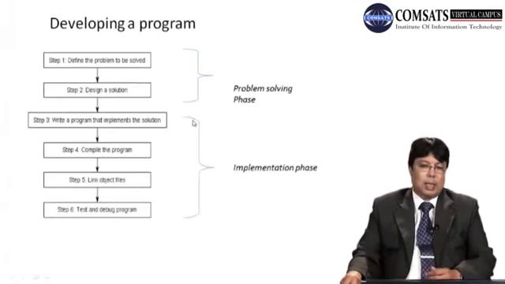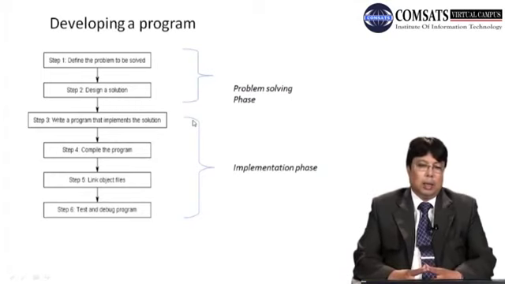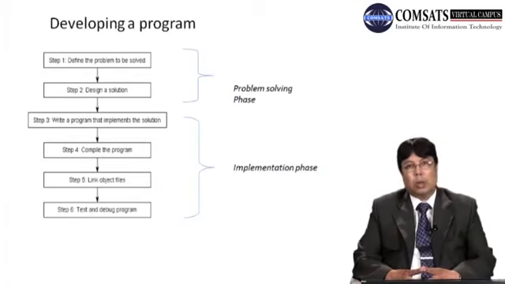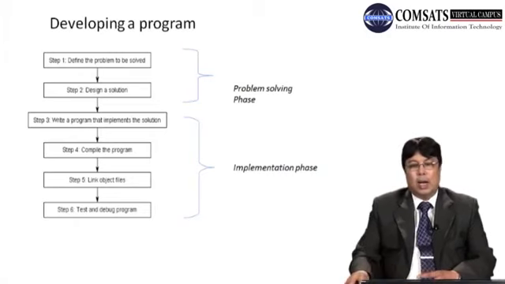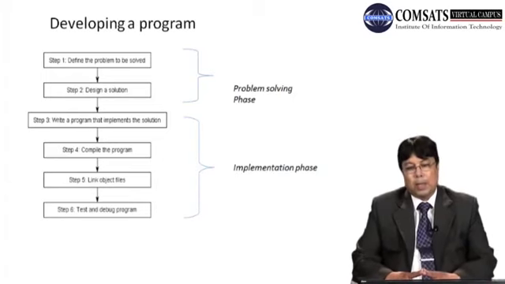These two phases can also be split up into 6 steps. That is, the problem solving phase can be in 2 parts, which we have already discussed: define the problem to be solved and design a solution. So you can see that this is the problem solving phase.